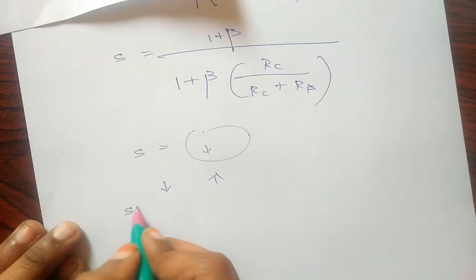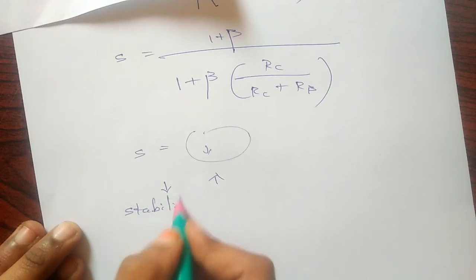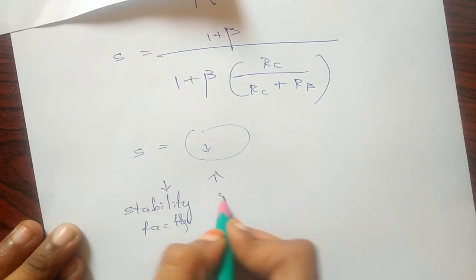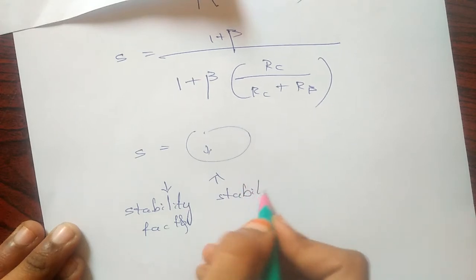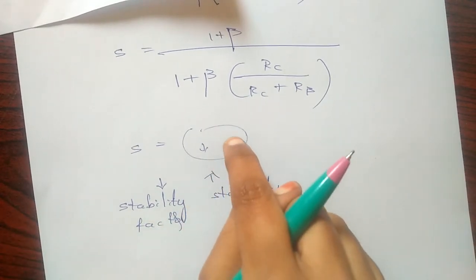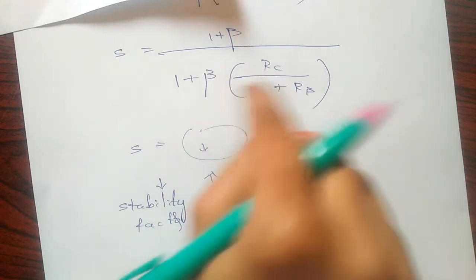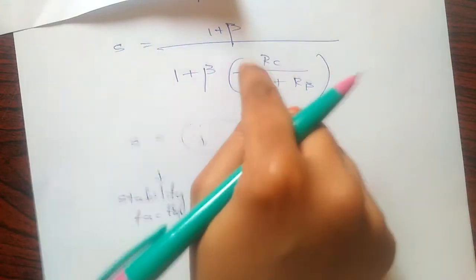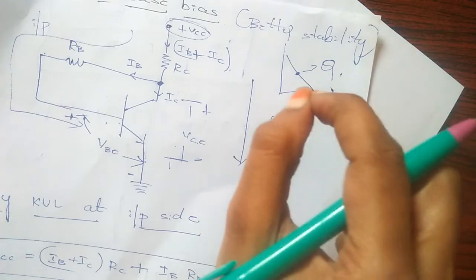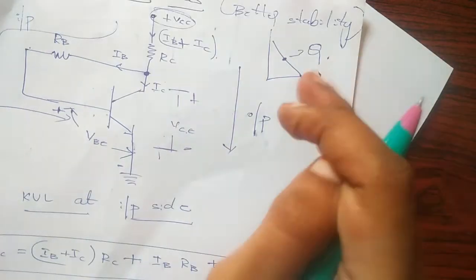If the stability factor is low, then stability will be high. So we have to make the factor low to make the Q point stable. This Q point we have to make stable. To make it stable, the factor should be low.